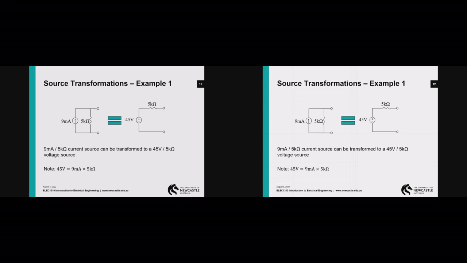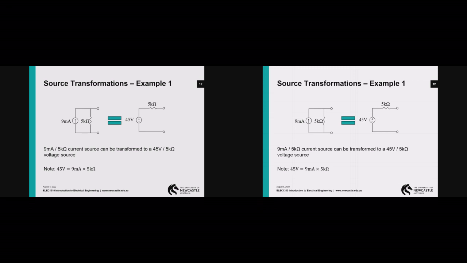So you could, for example, put a 1 kilo ohm resistor on both of those circuits, and I would argue that the current that you get in that 1 kilo ohm resistor in both of those circuits will be exactly the same. If you put a 10 kilo ohm resistor on both of those circuits, the current that you will get in that 10 kilo ohm resistor is exactly the same.